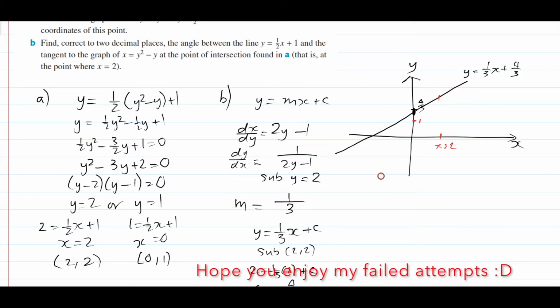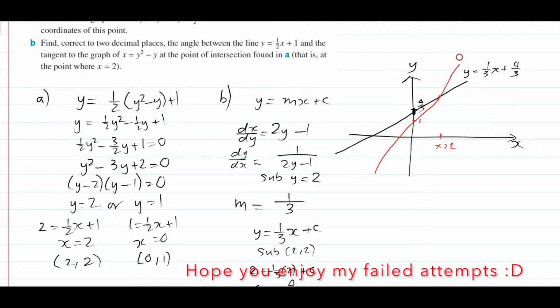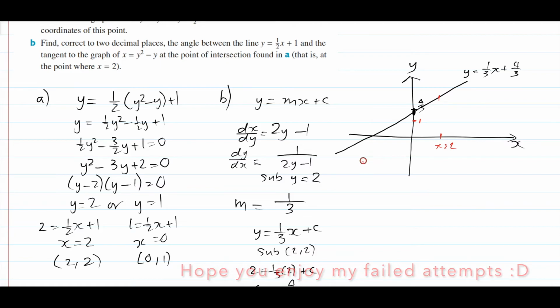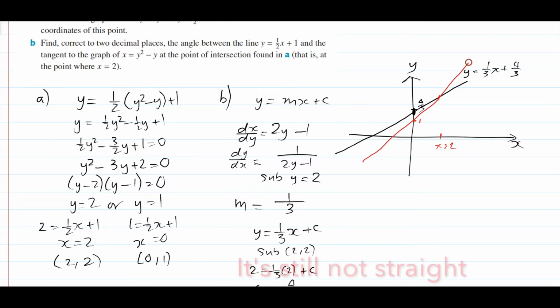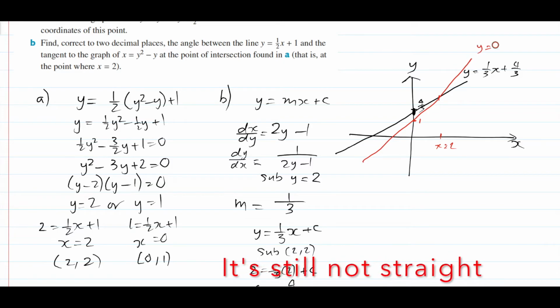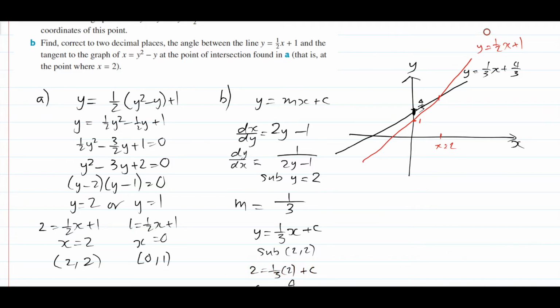I'm going to try my best, but whoops, half. So nope, that does not work at all. Okay, right there. Okay, so that is y equals half x plus 1. Yes, I know it's a bit skewed, but if you draw to scale in your book, it should be fine.